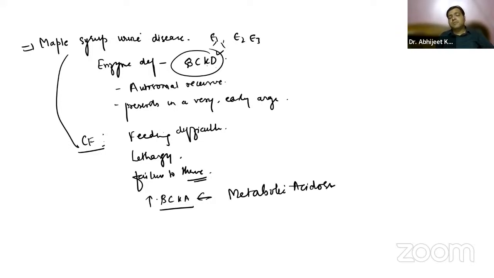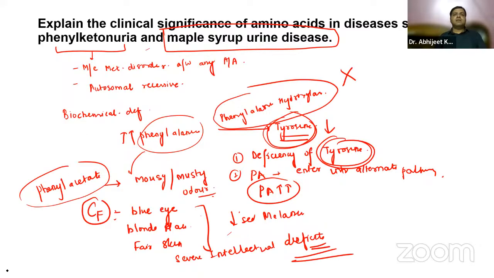That is something you have to remember as of now. In very short, I will discuss the biochemical lab diagnosis and the treatment part when I take up these diseases separately in the upcoming session with the metabolism part. So that is something you have to remember.